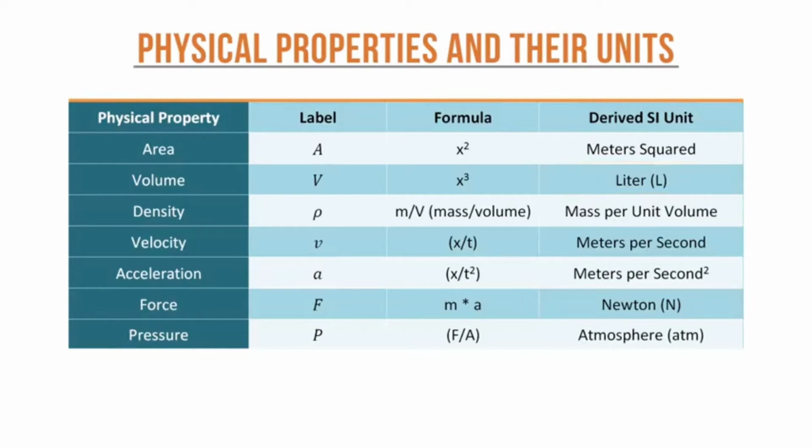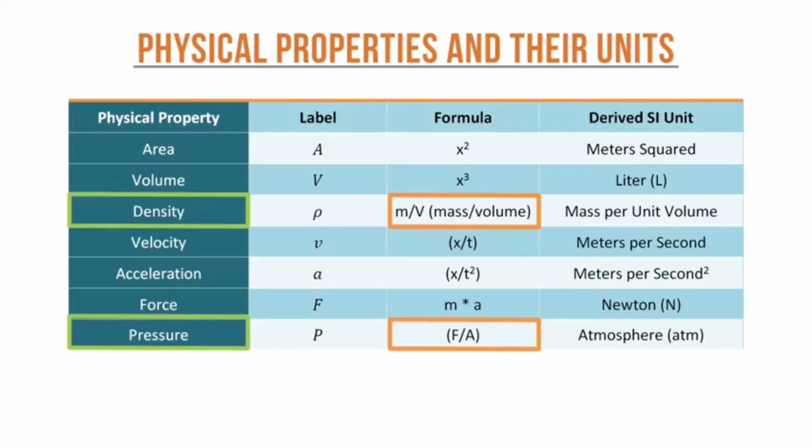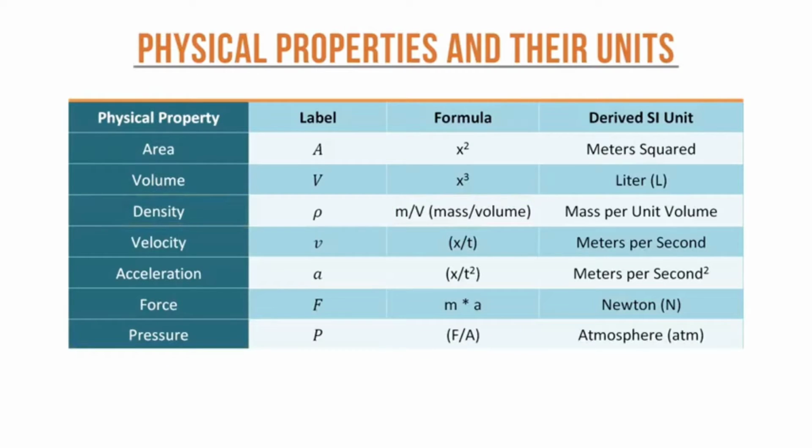The only difference is that some measures, such as liters and newtons, have a unique unit name, while other measures have unit names based on their mathematical formula. Also note that some derived units require other derived units in order to be defined, which is the case with both density and pressure. Now don't worry if you're a little confused about these measurements and what they're used for. We will discuss them in more detail.